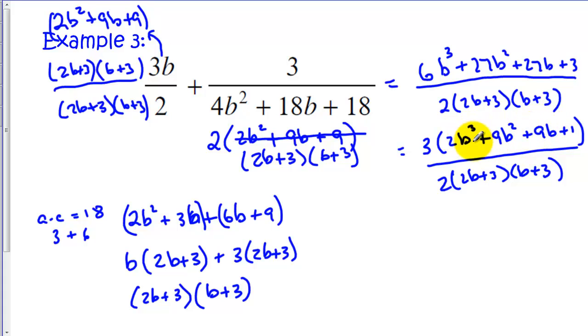I can see here that if I try factoring by grouping, I can look ahead and tell that this isn't going to factor. So this is as far as we can go. And I've got a 3 and a 2 here. Those can't be simplified, so this would be our final answer.